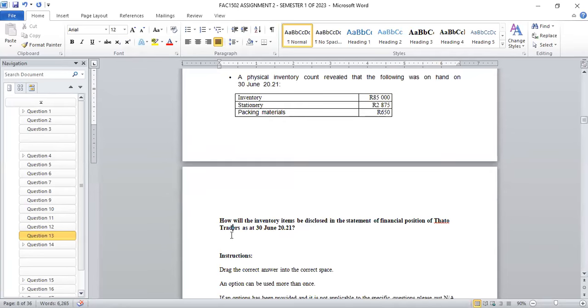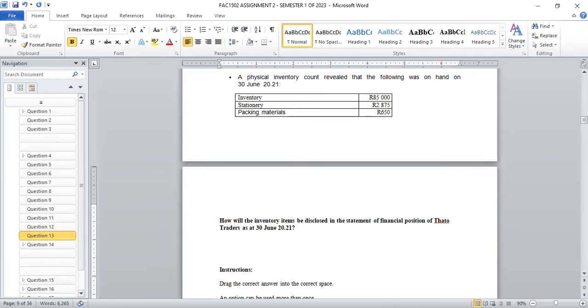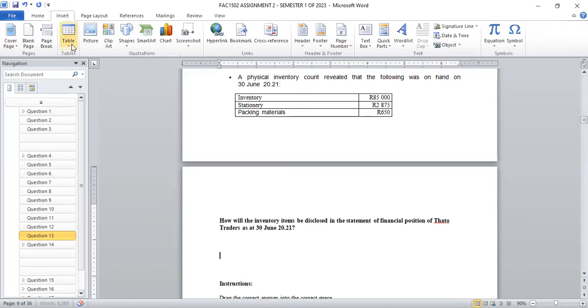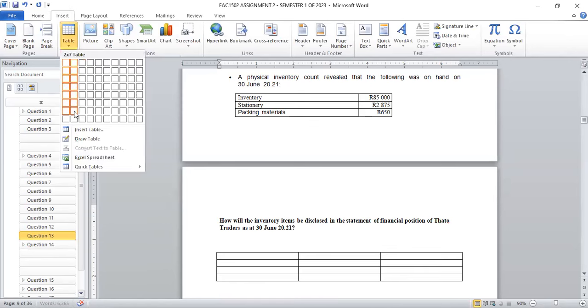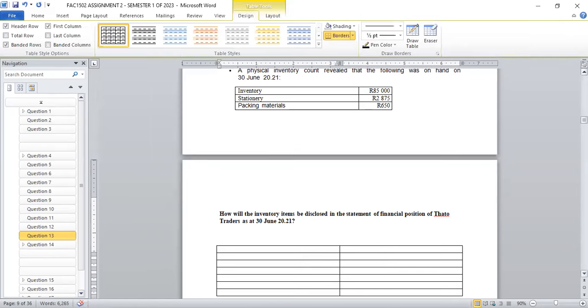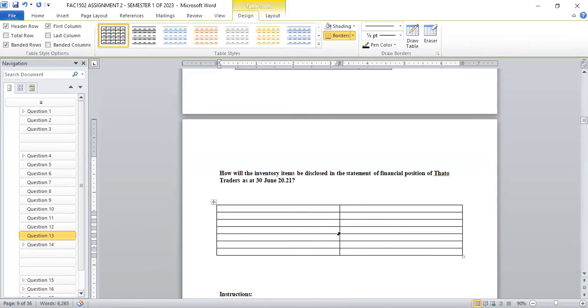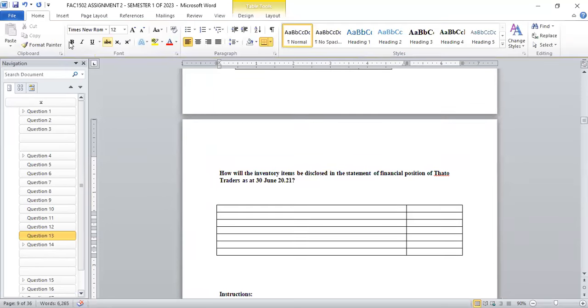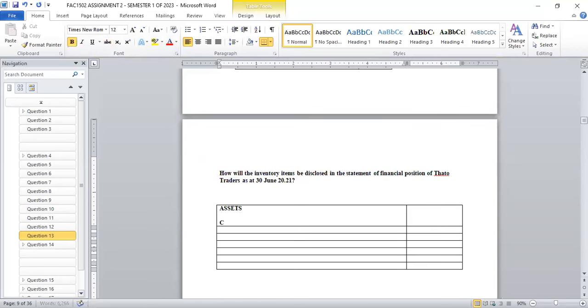So you were supposed to fill the first one was supposed to be assets. Then under assets, you should have current assets.